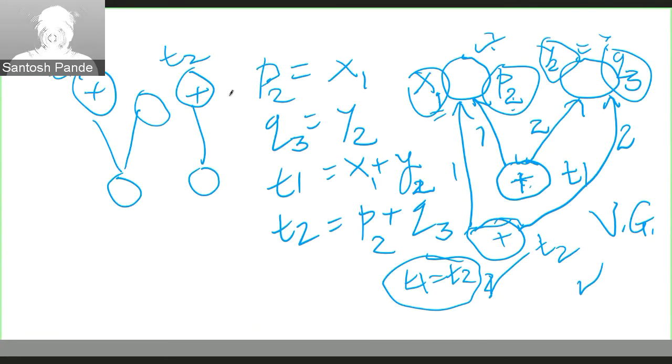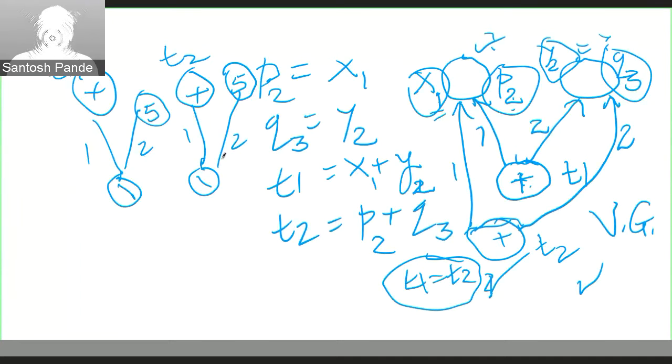Extend this further. And let's say there is a division operand here. This is 1, this is 2, this is 1, and this is 2. And these two are now the nodes which are, let's say, something like a constant 5 here.